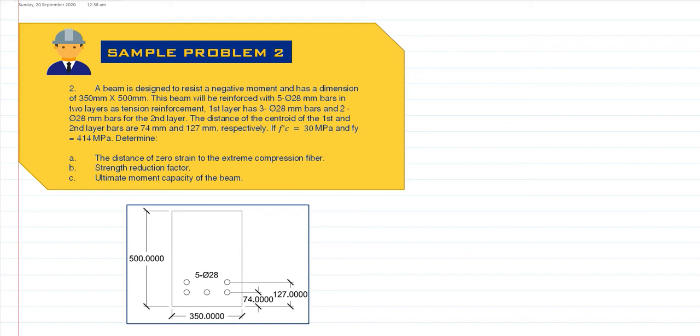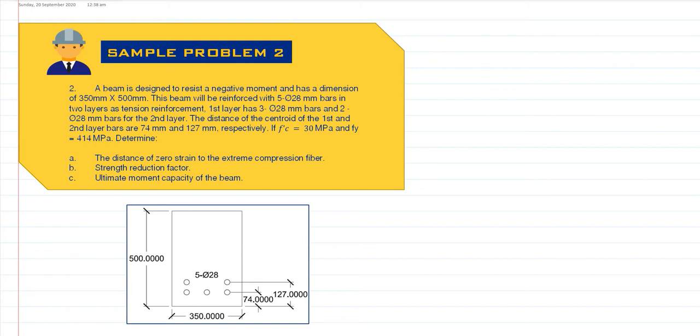So sabi dito, a beam is designed to resist a negative moment and has a dimension of 350 mm by 500 mm. Then this beam will be reinforced with 5 diameter 28 mm bars in 2 layers as tension reinforcement. The first layer has 3 diameter 28 mm bars and 2 diameter 28 mm bars for the second layer.